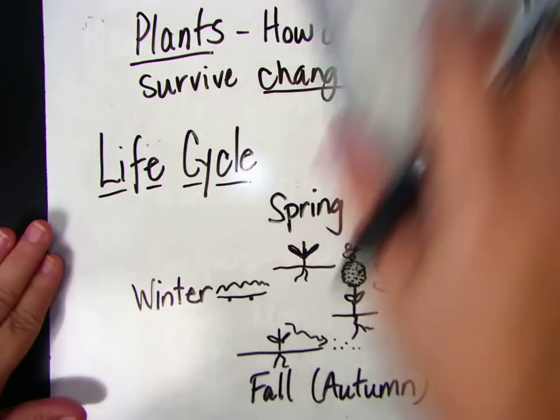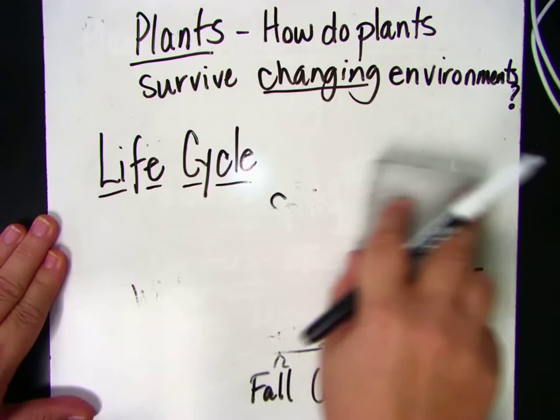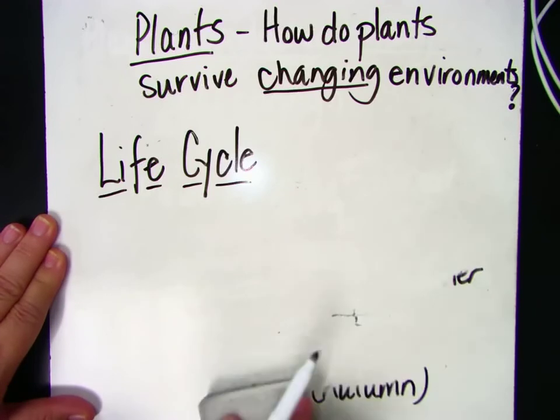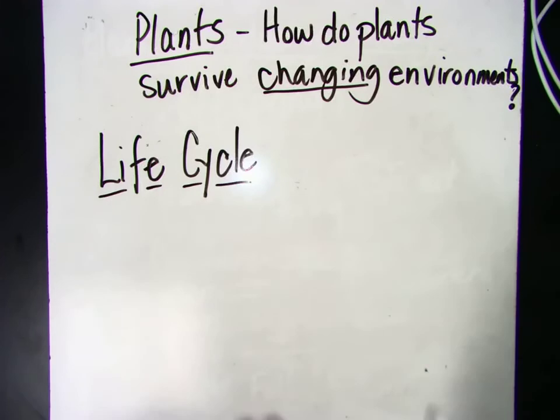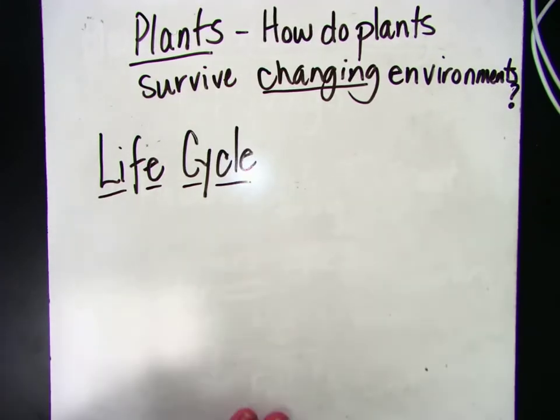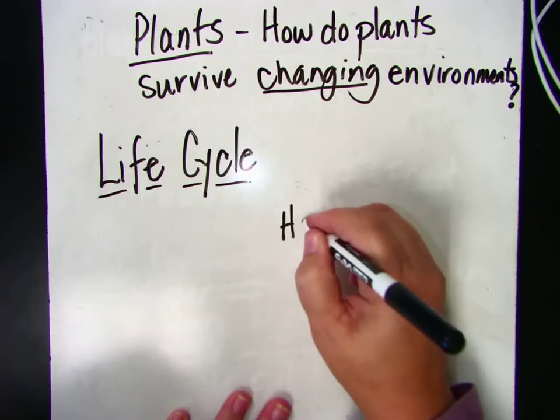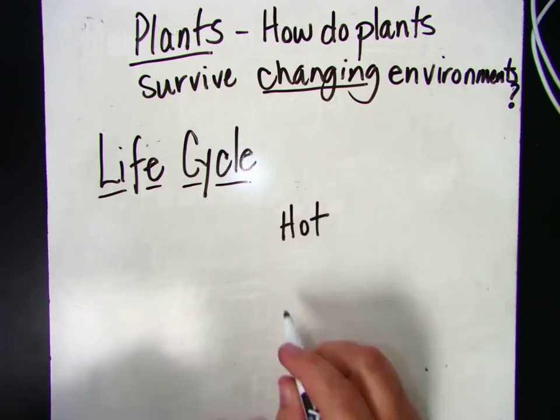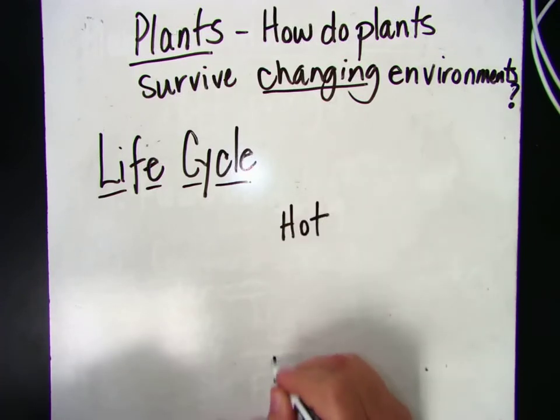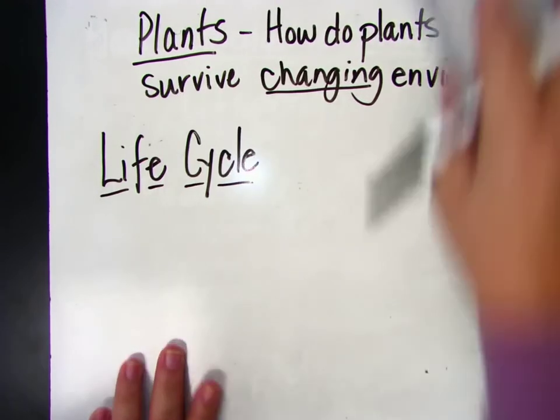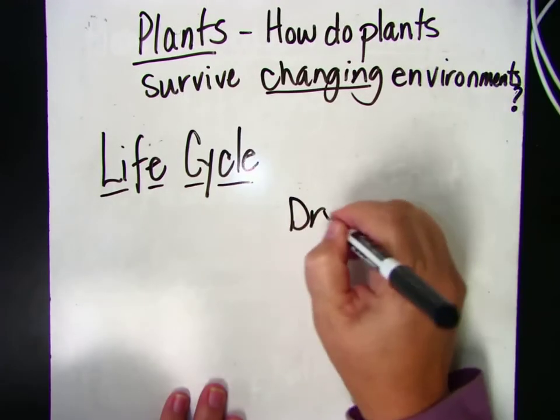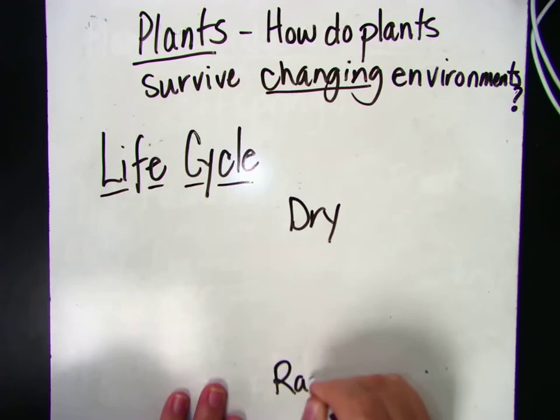Okay, another way that plants adapt and survive in changing environments is we have to think about, say, a desert environment or a tropical environment. They actually have a hot season and a rainy season, or actually, let's call it a dry season and a rainy season.